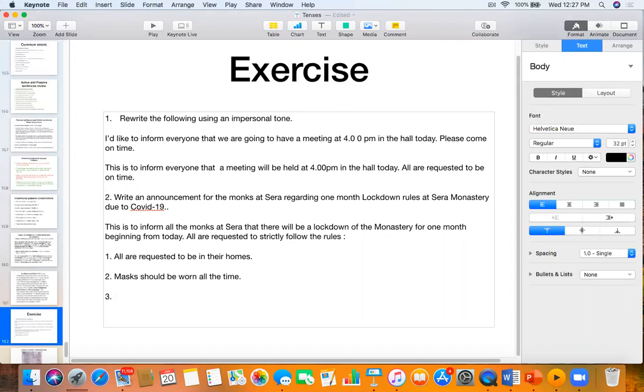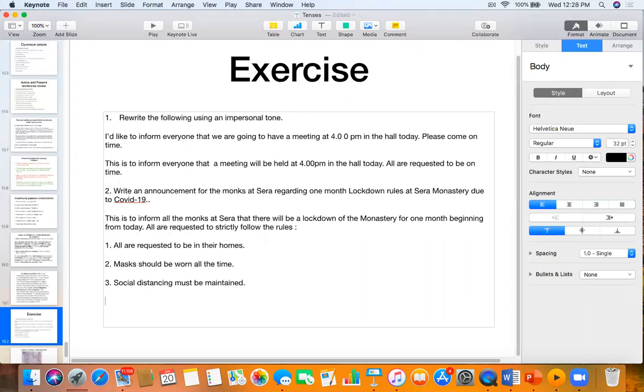Social distancing must be maintained. Unnecessary wanderings are prohibited.